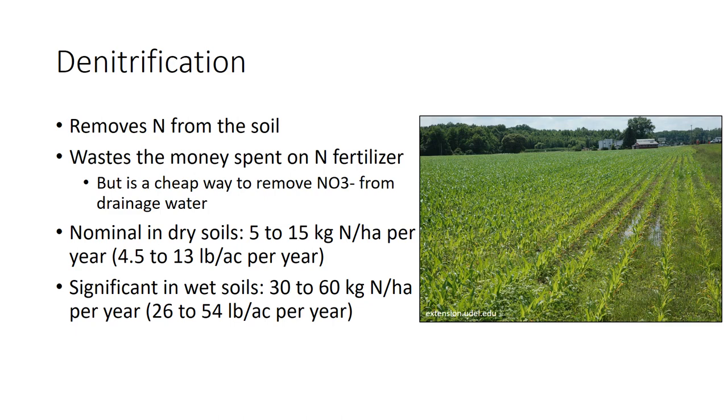So you don't get as much return on an investment for farming wetland areas or areas next to streams, partially because of denitrification. So oftentimes those areas are targeted to take out of production by putting them into riparian buffer strips or by putting them into some sort of wetland reserve program.